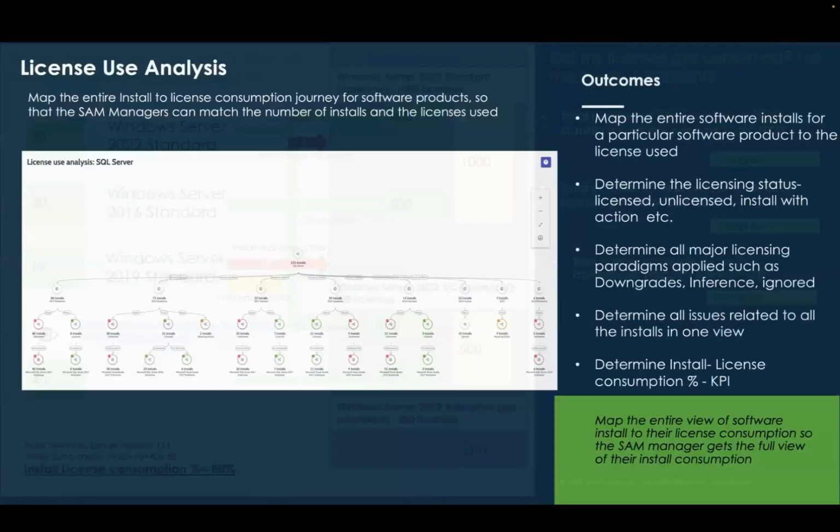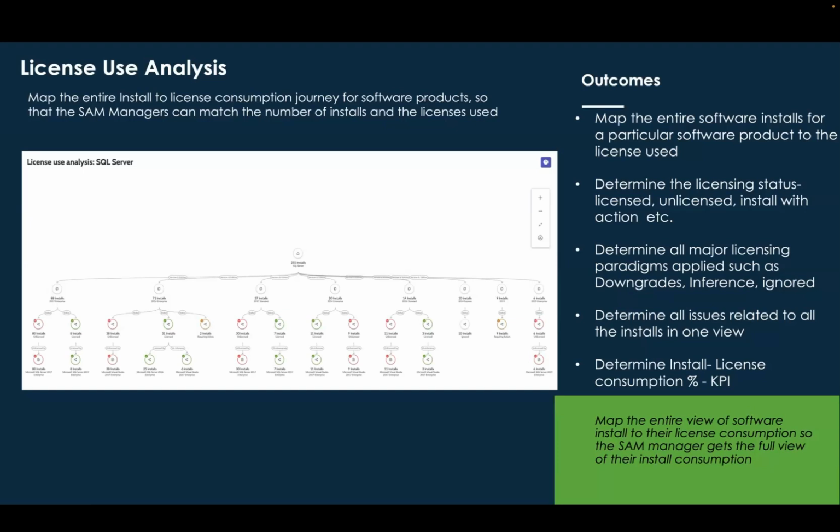So what does this feature do? The feature maps the entire install to license consumption journey for software products so that the SAM manager can match the number of installs and licenses used. It maps, in a mind map format, the entire software installs for a particular software product and the licenses it requires. It not only does that, it determines the licensing status, for example, which of those installs were licensed, unlicensed, or have some action to be done.